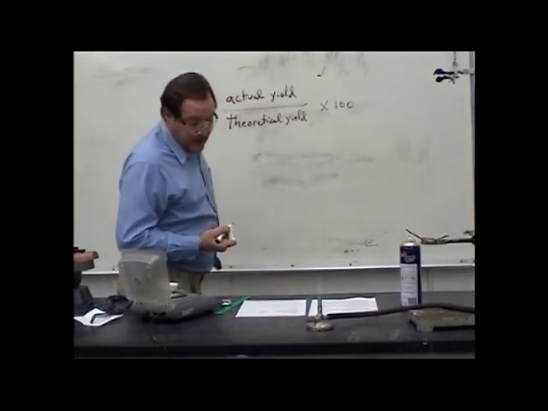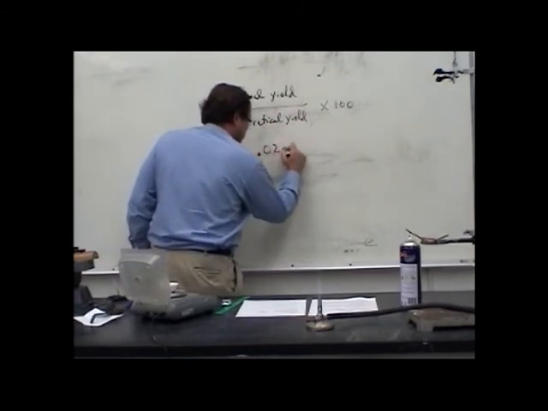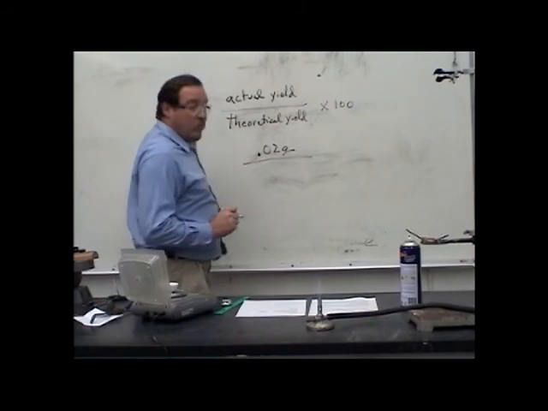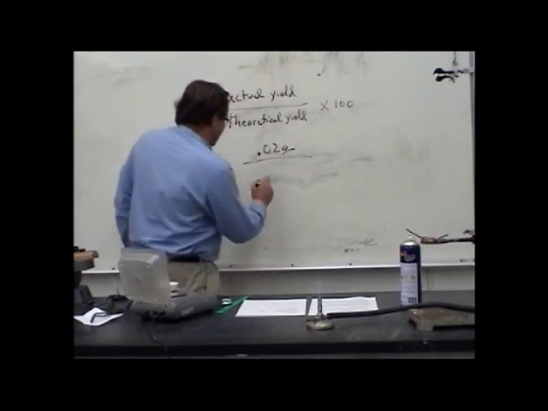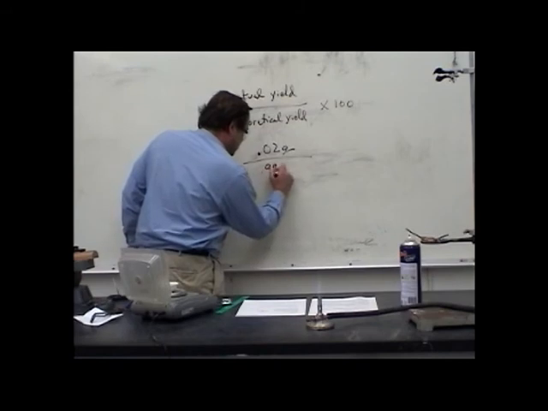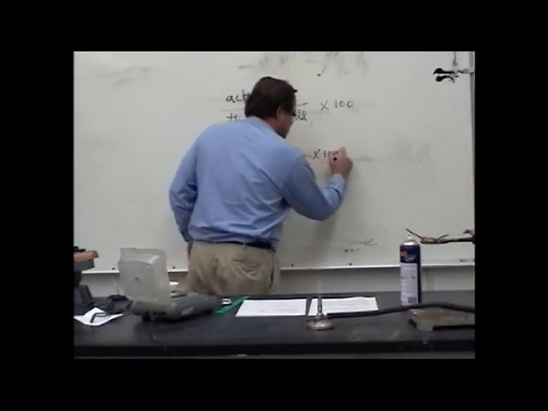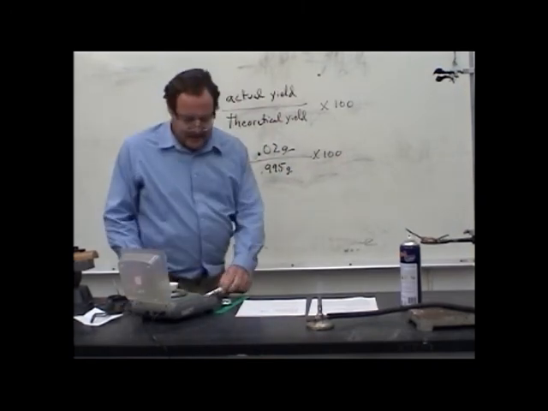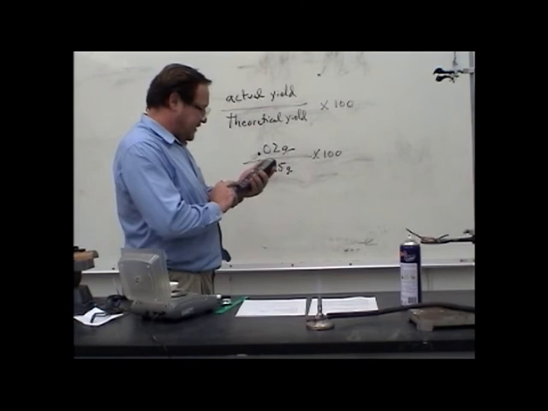Well, I actually got 0.02 grams, and what I calculated in theory would have been 0.995 grams, times 100. And boy, it looks like it's close to 2%, which is very bad.